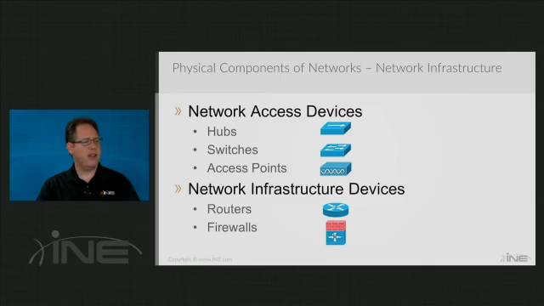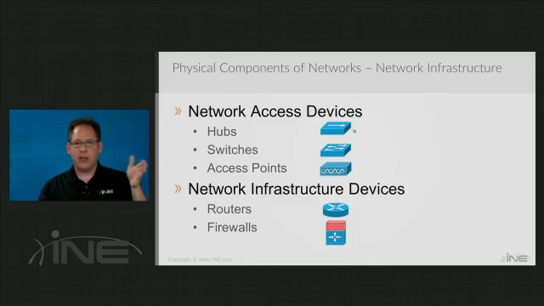Now look at how I've divided this up. I've divided the first three as network access devices and the last two as network infrastructure devices. Why did I do that? Well, these first three devices, the reason I call them network access devices is because hubs, switches, and Wi-Fi access points were designed to be sort of like the first line of defense on the network.